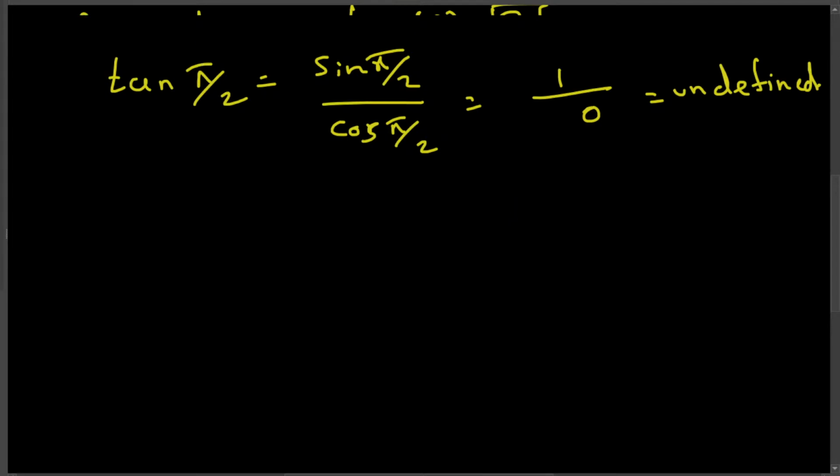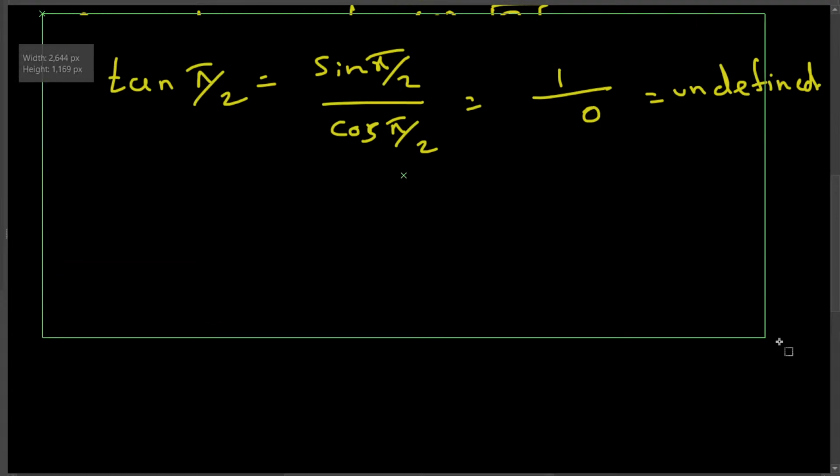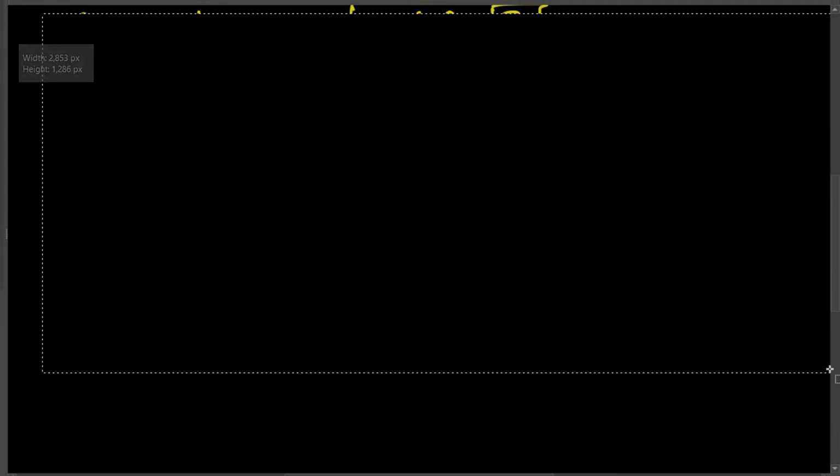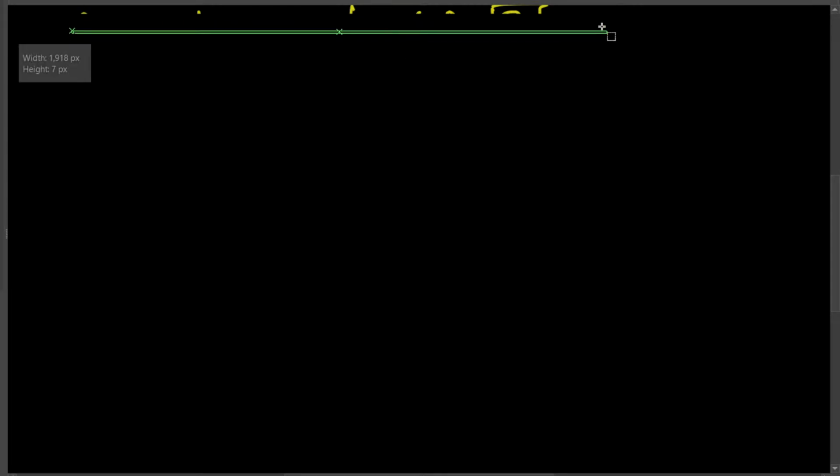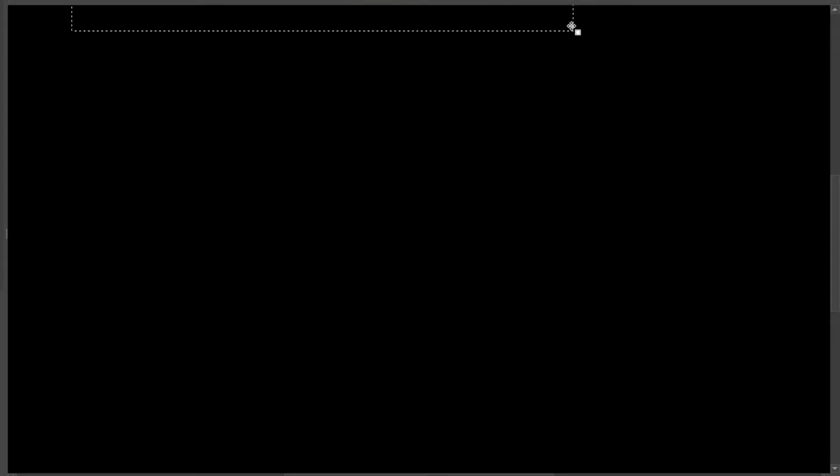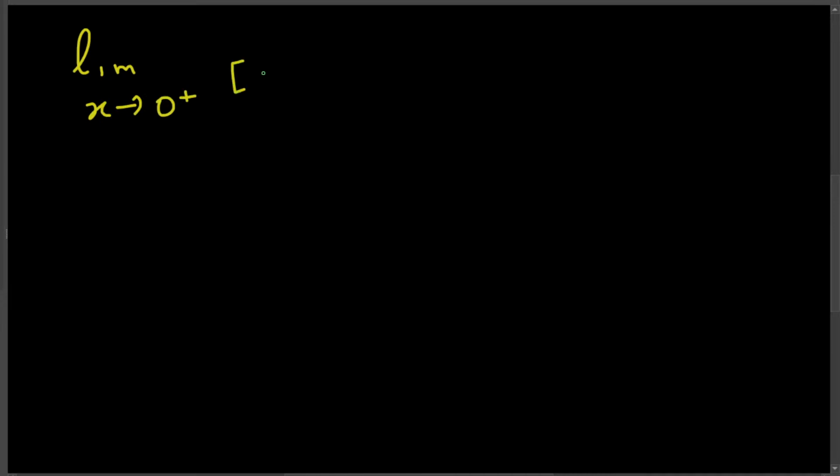Now let's look at the next problem. Let's say we have a question like this: the limit as x approaches 0 from the right side. What is the cosec x value?